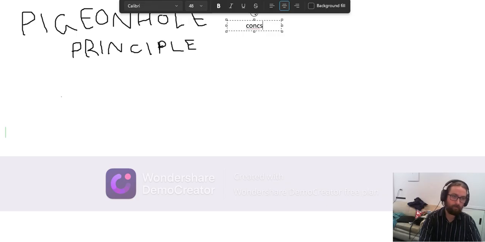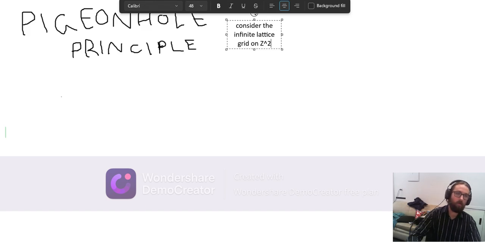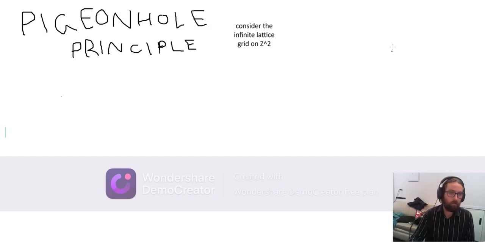Consider the infinite lattice grid on Z². So an infinite lattice grid just means a grid of integers, or a grid of pairs of integers in 2 dimensions.